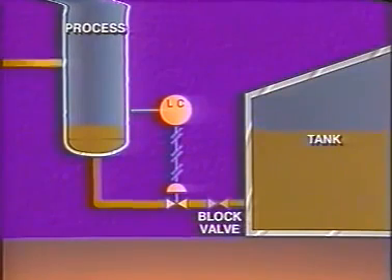Fluid isn't leaving the process, so process fluid level increases. The control loop for process fluid level opens the control valve on the outlet line as wide as possible, but still no fluid leaves the process. If the manual block valve to the storage tank isn't opened, it may be necessary to shut down the process.